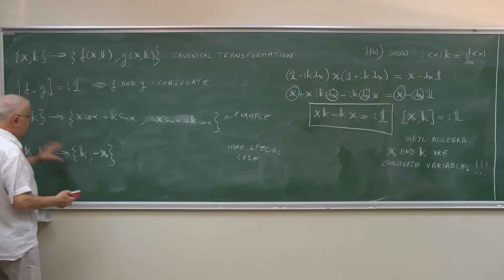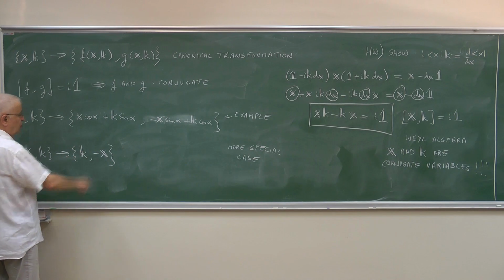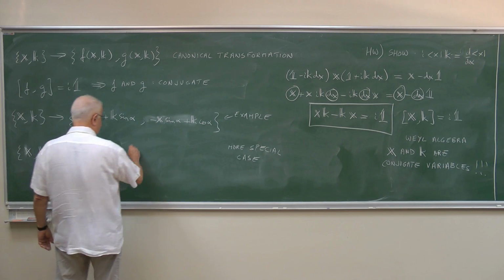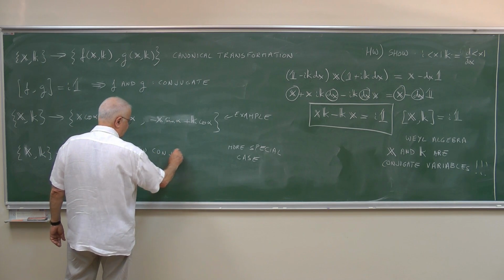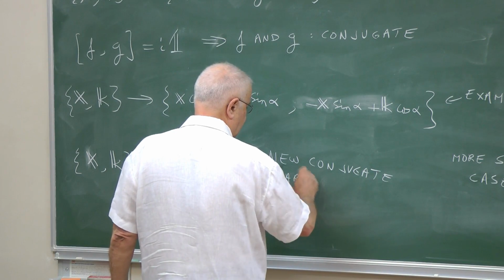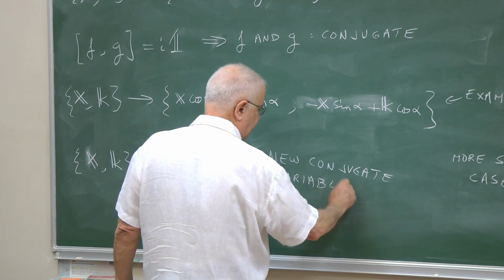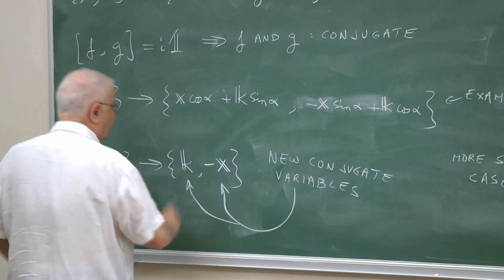So this is a very simple canonical transformation that gives me new conjugate variables. What are these? It's these, of course.